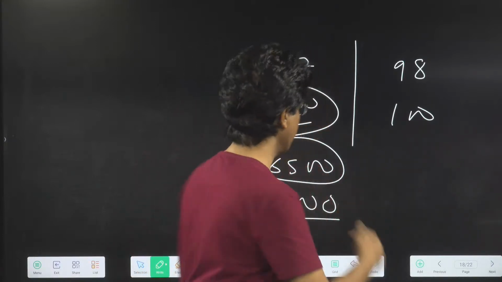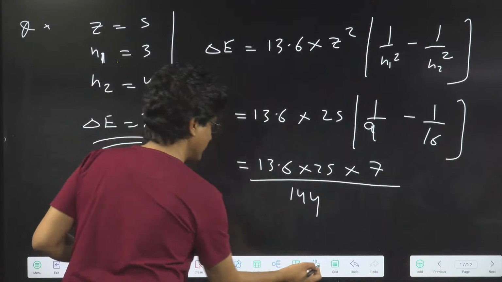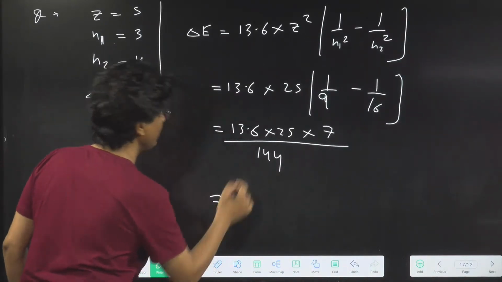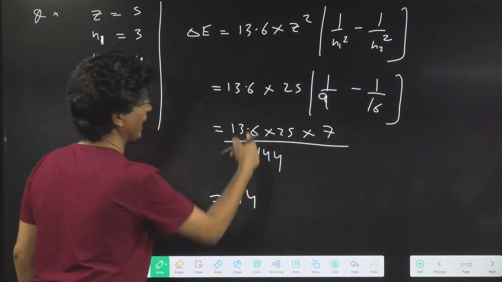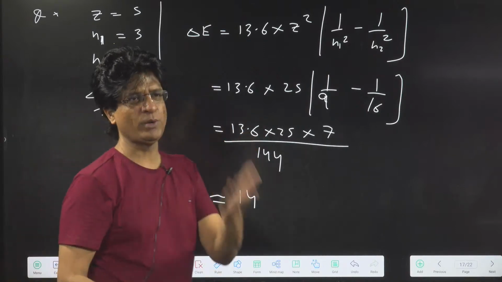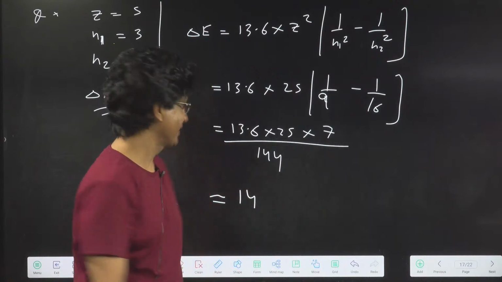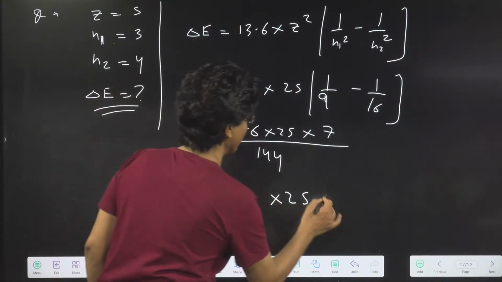Now come over here. Just like you, my maths is very weak. So if you allow me, can I write 13.6 as 14? So this is 25 and 7.